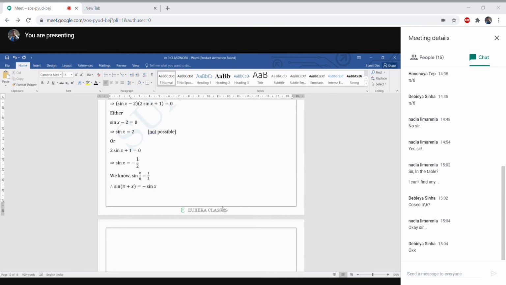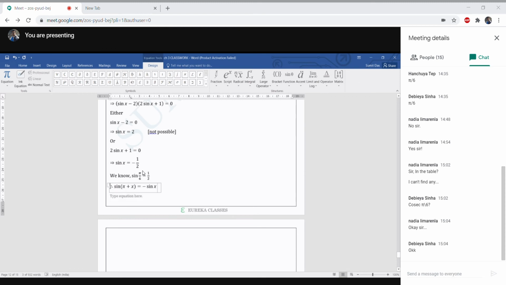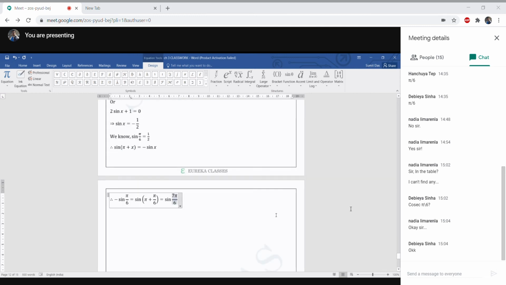So we can write minus sine pi by 6 equals sine of pi plus pi by 6, which is equal to sine 7 pi by 6.